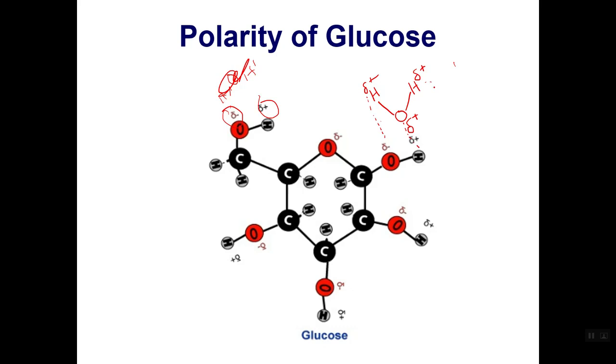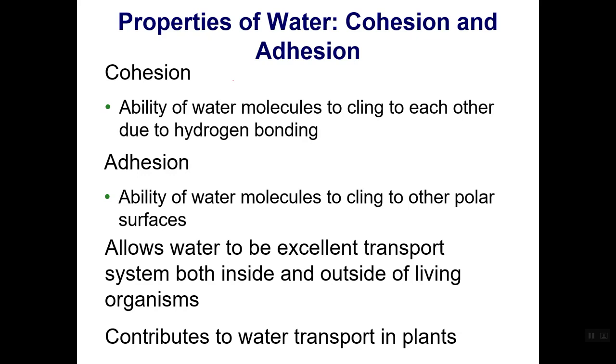And there'll be another hydrogen bond that forms here that will be attached to the oxygen of another glucose molecule. I'm not going to take the time to draw all that, but hopefully you see what I mean. We have all these partial positives and partial negatives that will be attracted to the partial positives and negatives of water.